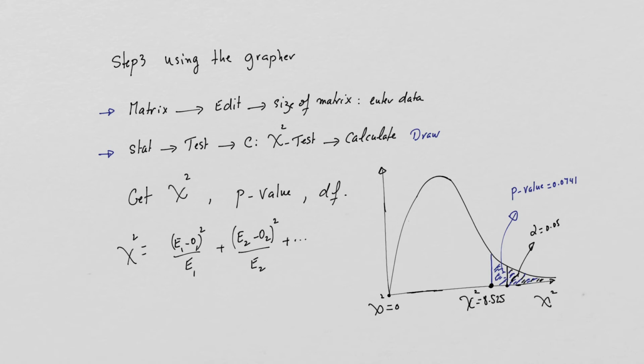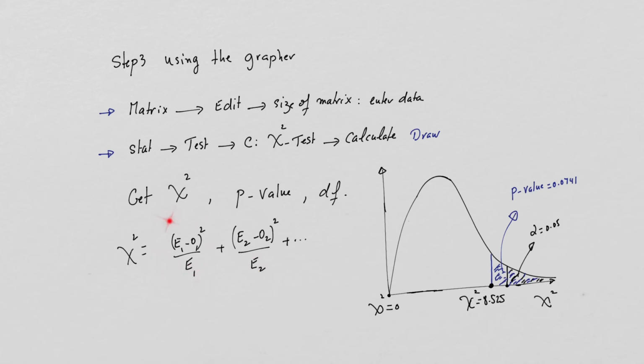Where is chi-squared 0? What does that mean? If this is 0, that means this plus this plus this plus all of them is 0. But notice these are all positive quantities, or 0. They cannot be negative, because that's a perfect square, okay? And the expected value is a positive value. So every term is positive, and they add up to 0. What does that mean? That means each term must be 0.